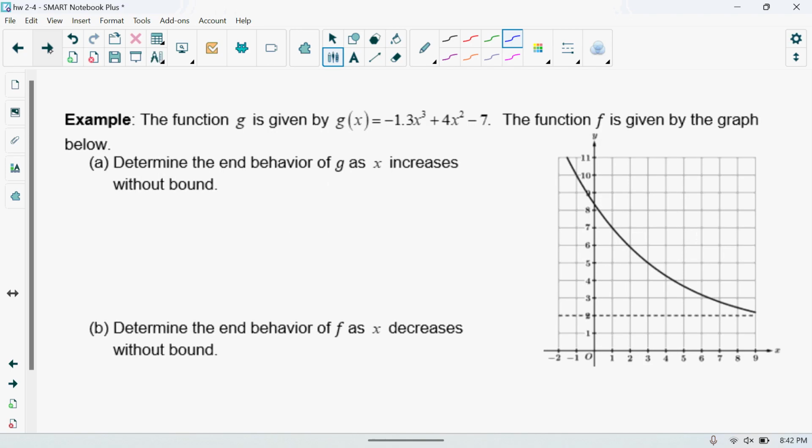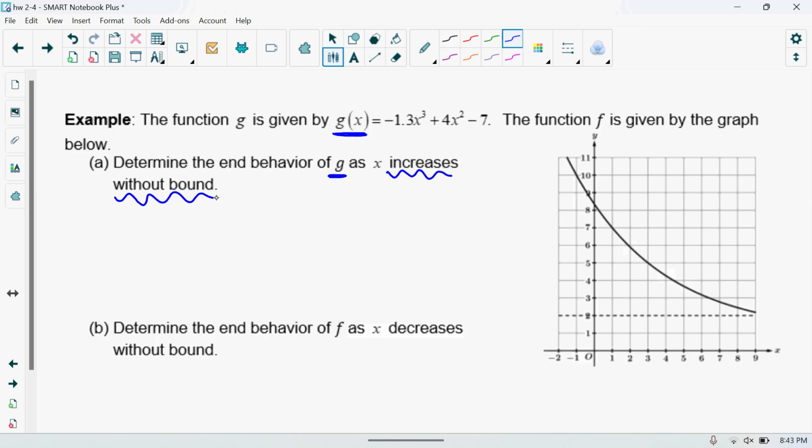So let's take a look at an example. It says the function g is given by g of x equals negative 1.3 x cubed plus 4x squared minus 7. The function f is given by the graph below. Part A, determine the end behavior of g, so I've got to go up here, as x increases without bound.